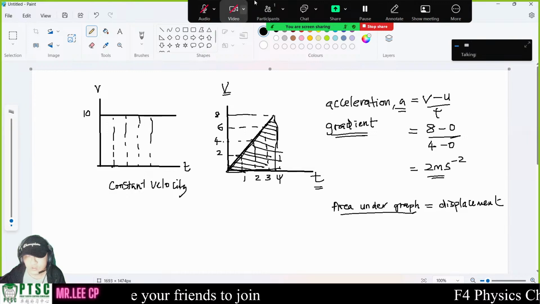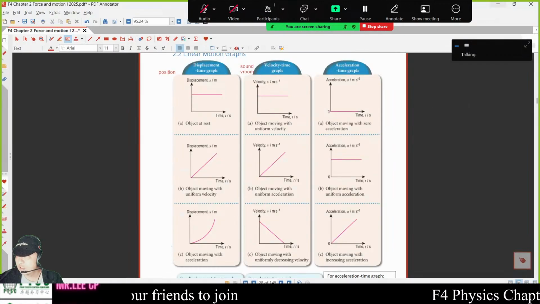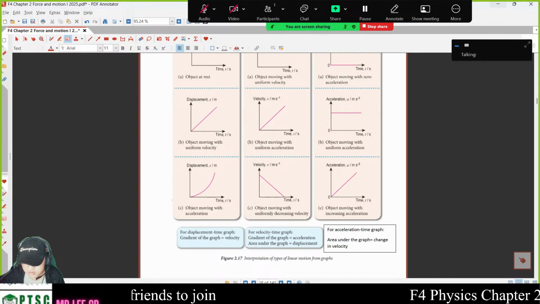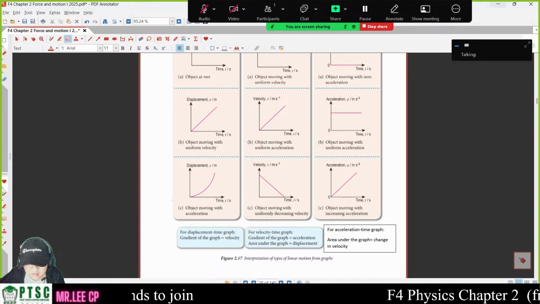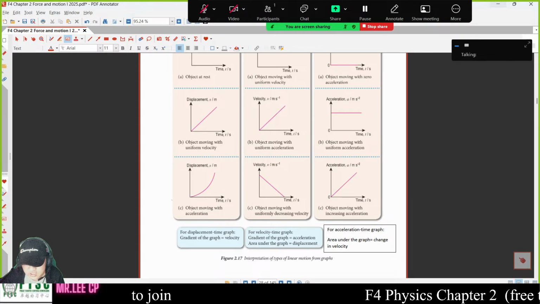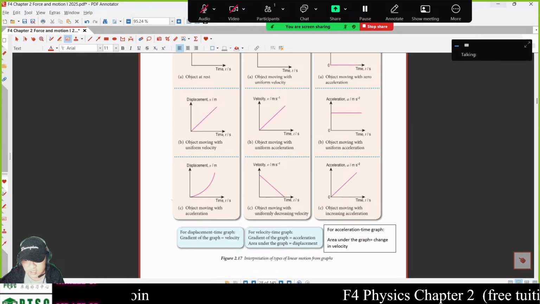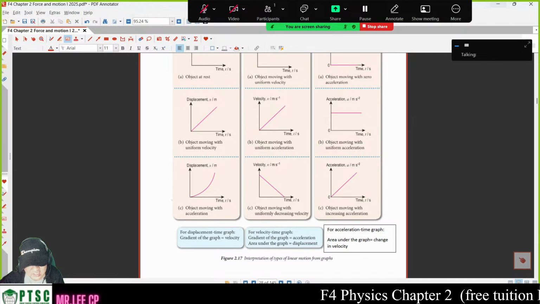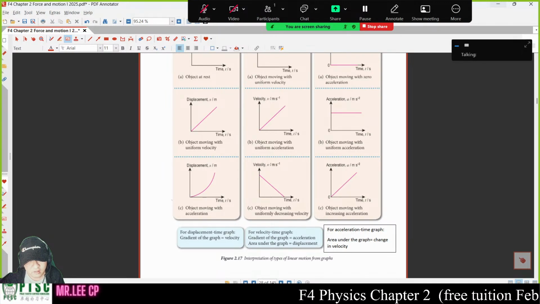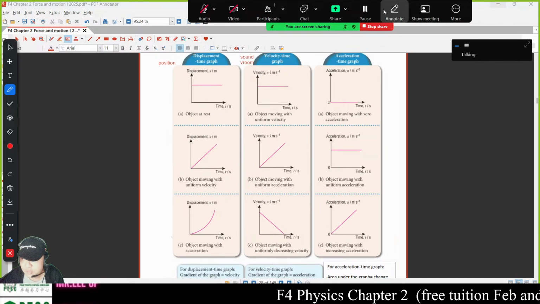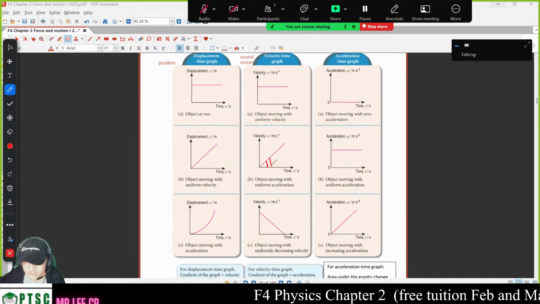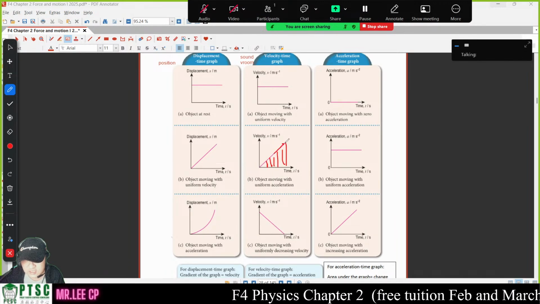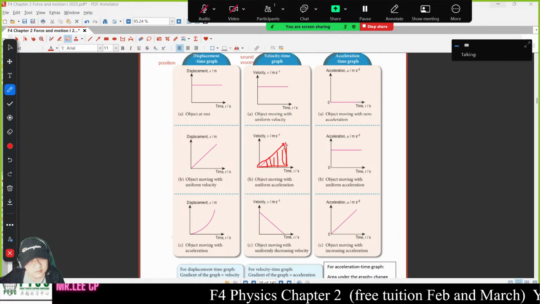You don't need to copy this, because I gave it to you. So the gradient of the VT graph is your acceleration. Area under the graph is displacement. Meaning that if I find the area here, this is how far I move.